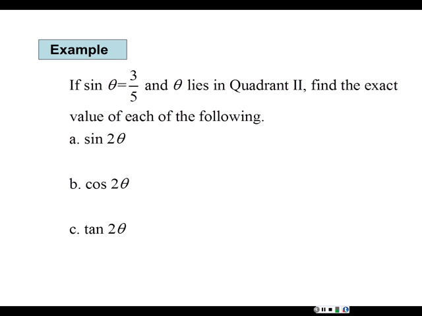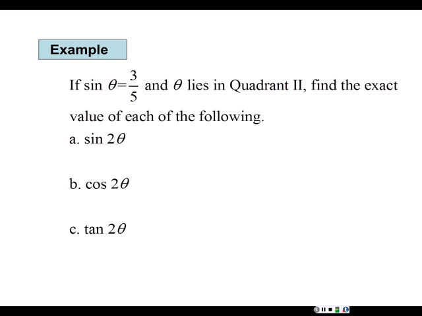Now at this point, the sine is positive and the cosine is negative because you are in the second quadrant. You can now apply the values directly: 2 sine theta times cos theta. Just apply the values, because you know the sine is 3 by 5 and the cosine is negative 4 by 5, which is quite simple.